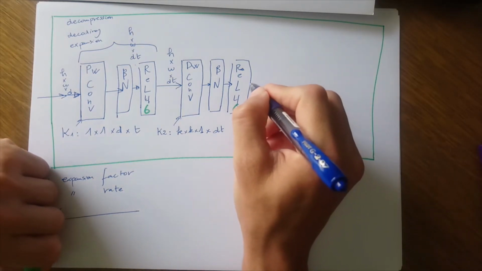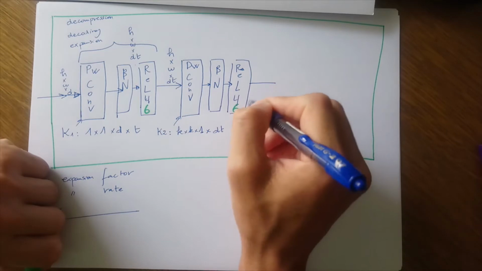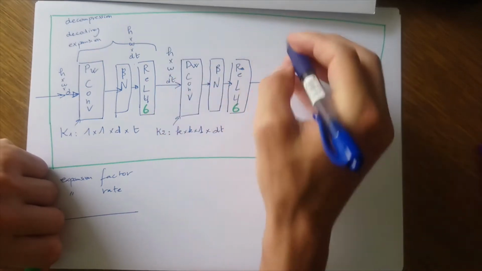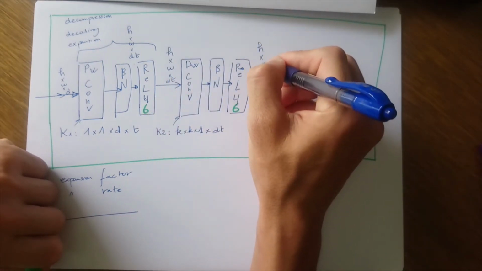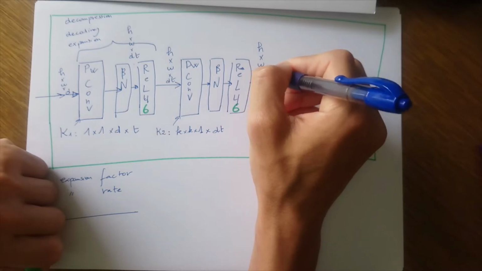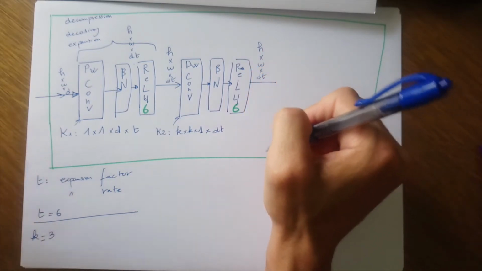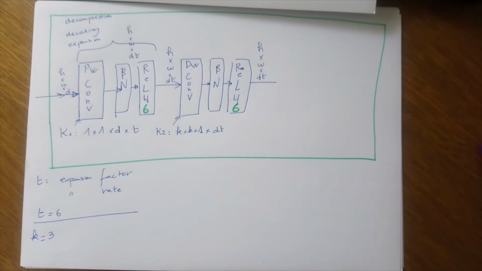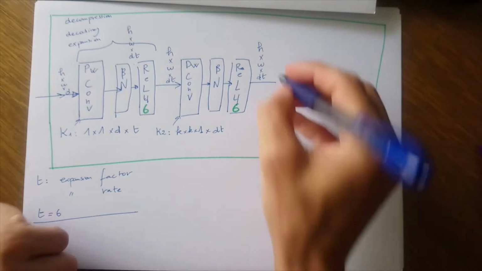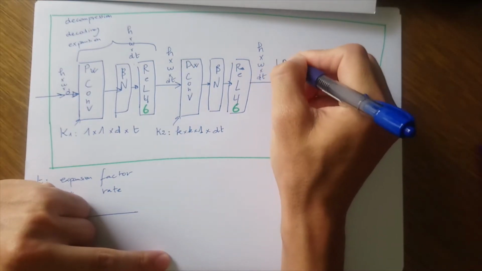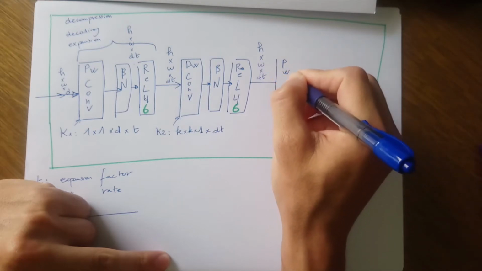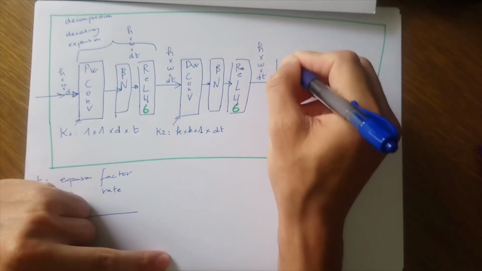So after that, the dimensions of the output should be the same as the input, nothing changes. Now we should apply pointwise convolution. The pointwise convolution has the following kernel.